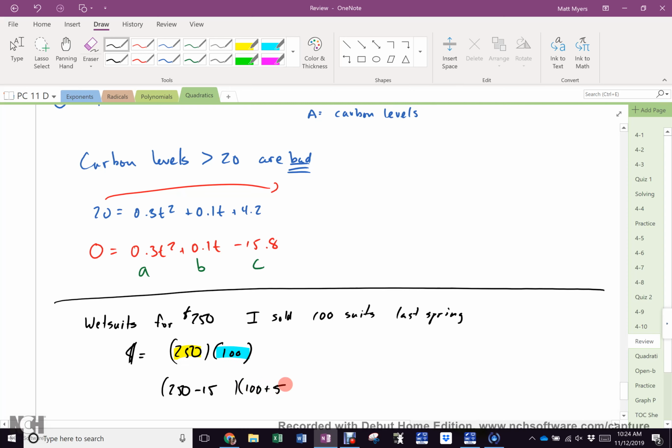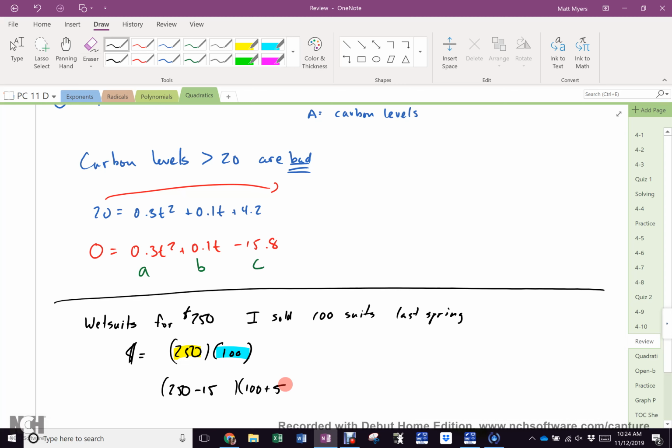Now, I need to predict next spring. Can I see the future? No. But I have some data now, don't I? Lowering the price by $15 sells 5 more wetsuits. What would happen if I lowered the price by $30? More.